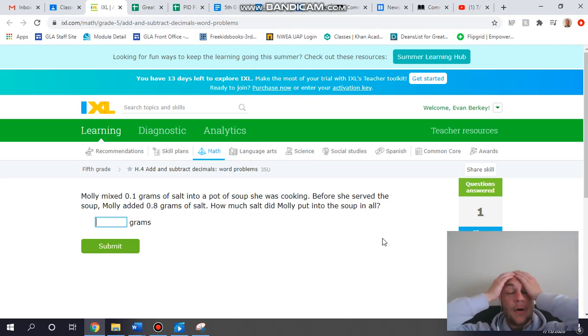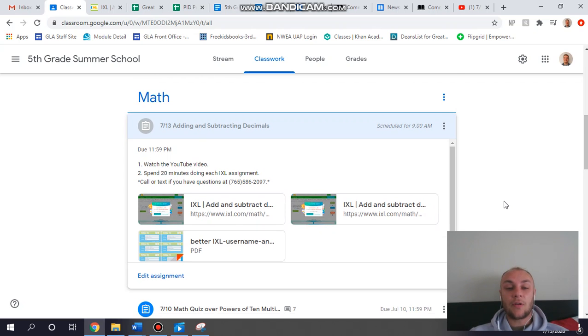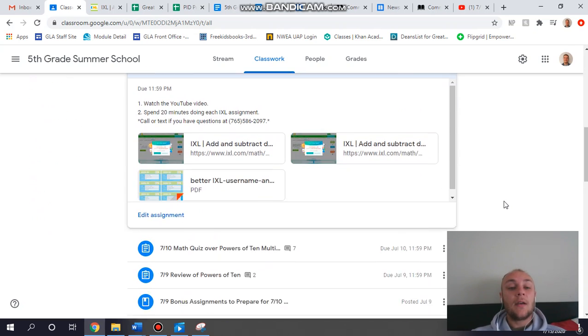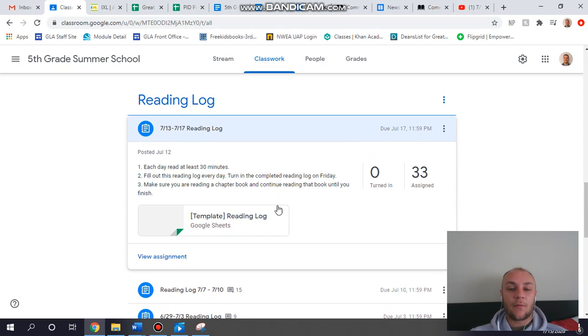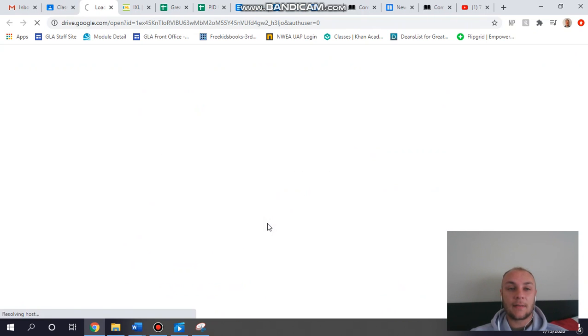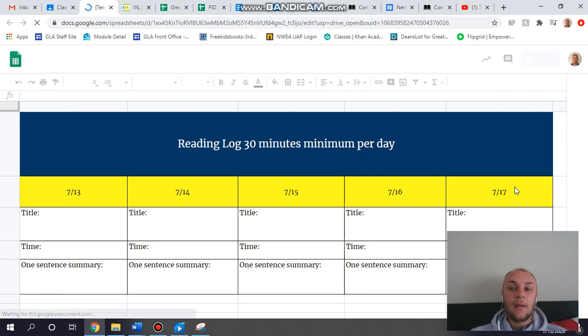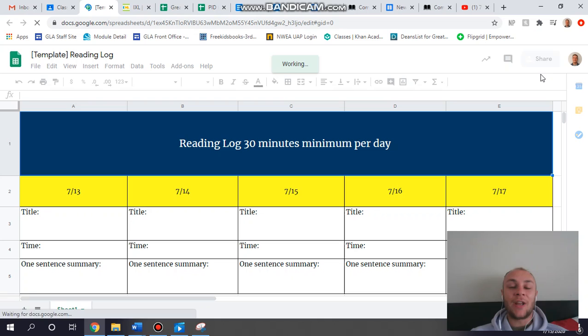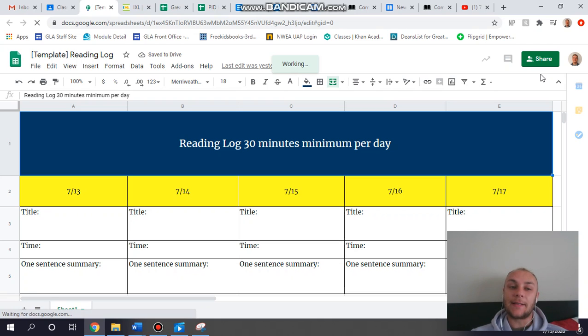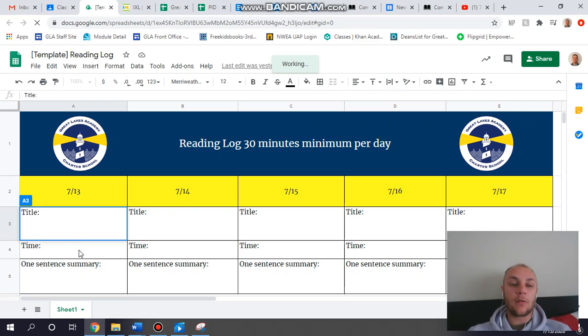Good luck, keep up the great work for today, and please remember, after you are done with your math and your reading, come on down to your reading log. Fill in your reading log for the day by clicking on this. In the corner, there will be a turn in sign. Do not click turn in until Friday. You'll just click on title and write the title that you're reading.